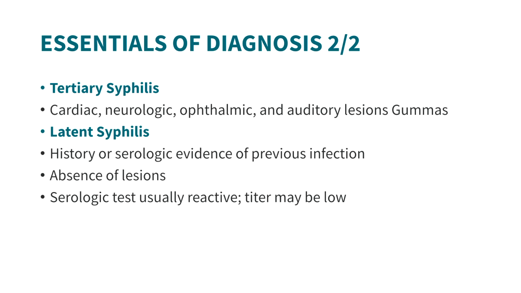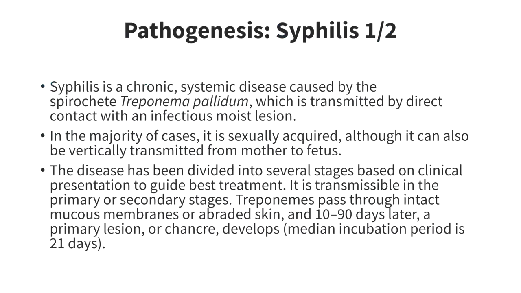In the case of tertiary syphilis, there are going to be implications of other organs like the heart, neurological, ophthalmic, auditory. Lesions are called gummas. In latent syphilis, we're going to have previous evidence of an infection, no lesions, and usually tests are going to be there. The titers of serological tests are low, but they're going to be reactive.